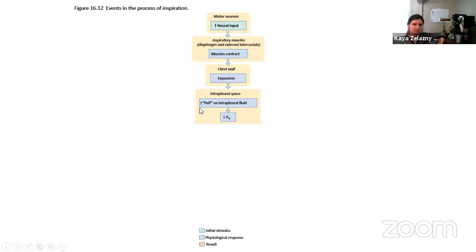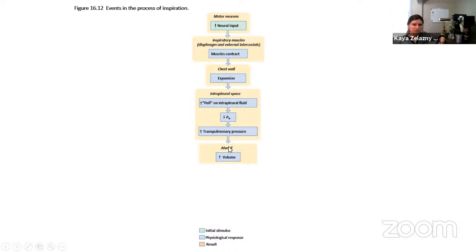We can express this and confirm this by seeing that as we pull on that intrapleural fluid, our intrapleural pressure goes down, right? So it becomes more negative, so it's a greater pull outward, which means we have a greater transpulmonary pressure because we subtract our more negative number in order to calculate our transpulmonary pressure.